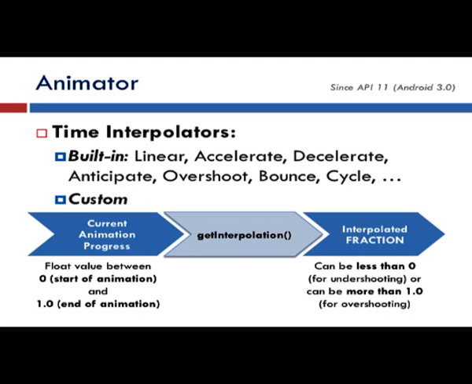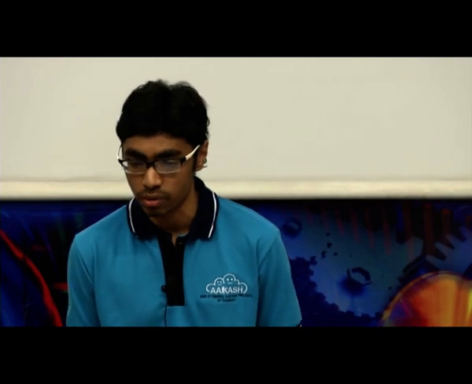So it will always be between 0 and 1. So you get the progress during the entire duration as the input parameter, and then you tweak that progress to some other float values, which is not necessarily between 0 and 1. For example, in the overshoot and anticipate time interpolators, they are out of this range of 0 and 1.